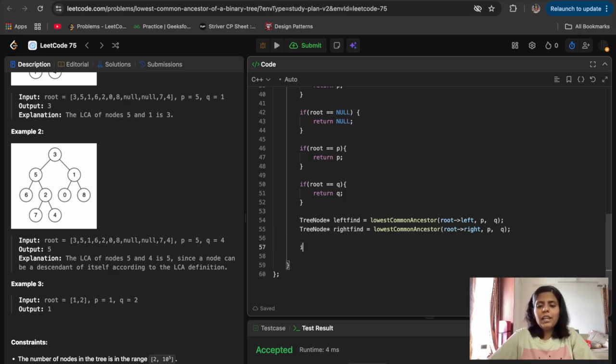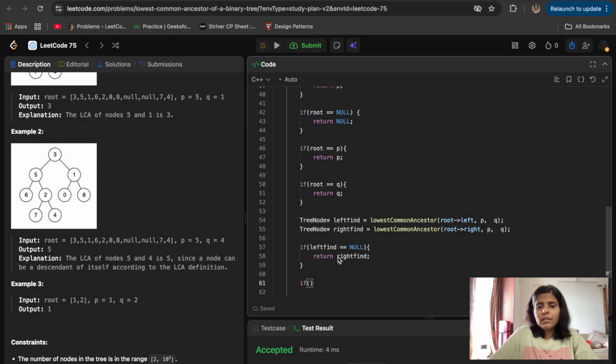What if my left find is equal to null? If my left find is null, that means I didn't find any node at the left side. So I can say okay, then you must have found the lowest common ancestor at the right side, as I don't have an answer at the left side, then it must be at the right side.